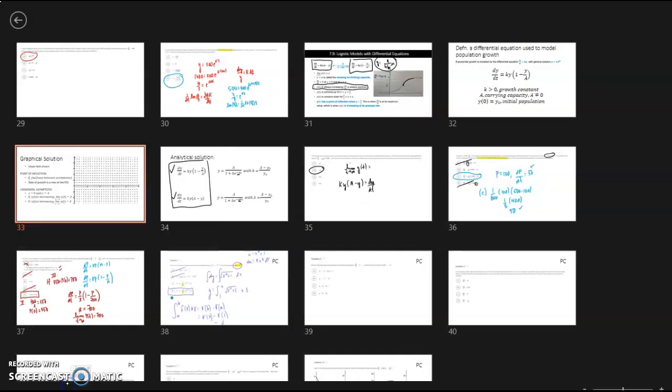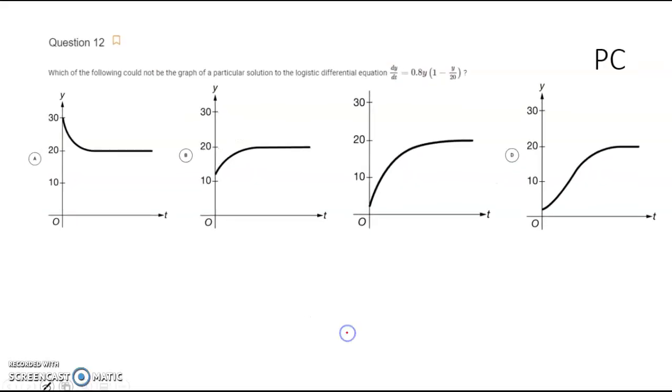So that's the graph in part A. So A is possible. D is possible because I can see there's a change in concavity. So hopefully you saw from this problem, my carrying capacity is 20, which means that my graph will change concavity when y is equal to 10.